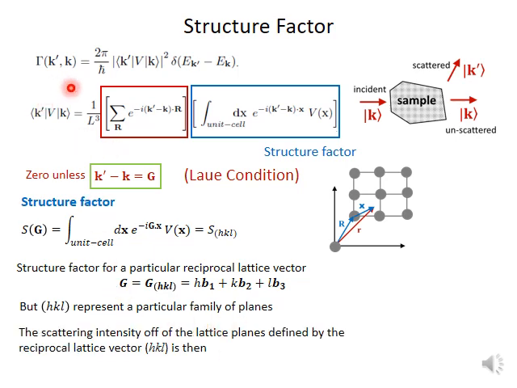So what we can do now is take this transition rate, which we defined earlier as gamma, and transform it into the intensity of the scattered wave. The intensity would be non-zero only if this condition is satisfied, and the intensity is directly proportional to the square of the structure factor, because gamma has a square of this matrix element, and the rest is just a simple constant, so you can put in a proportionality constant.